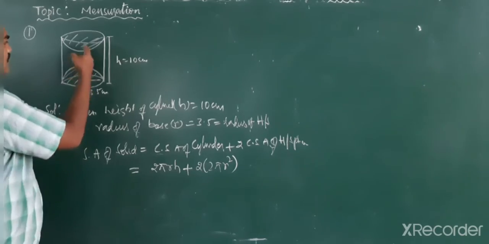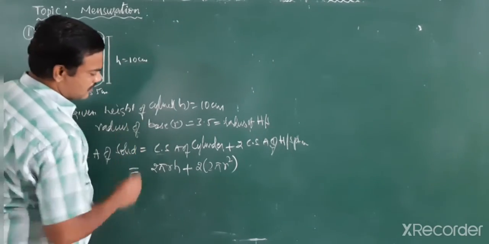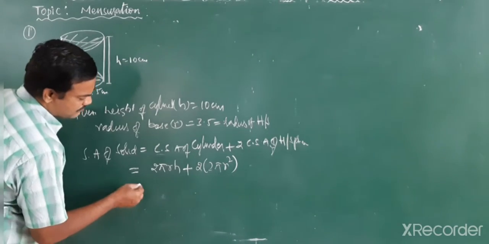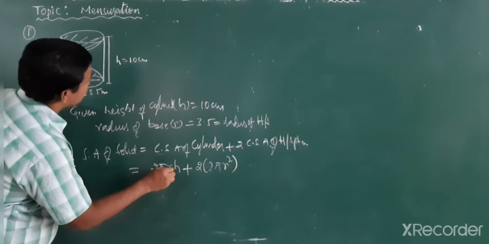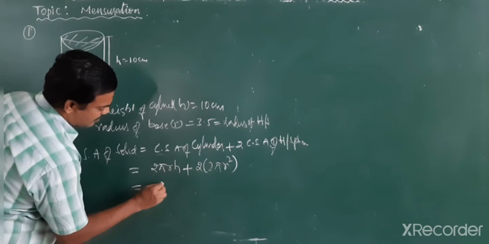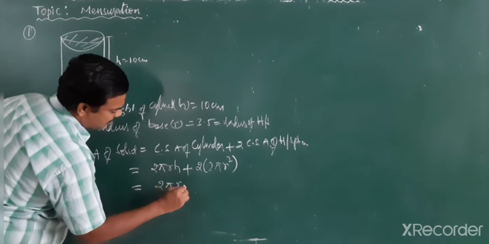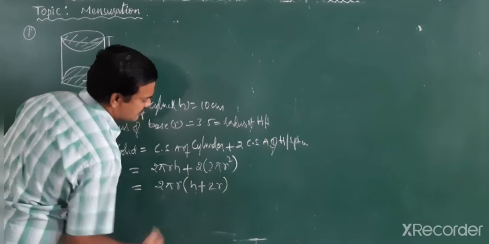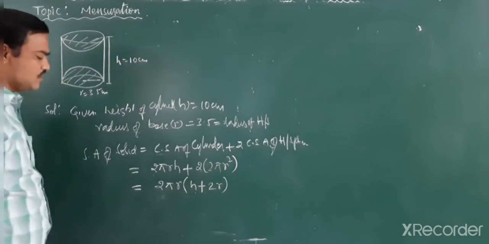The radius is the same for both the cylinder and the hemispheres, so taking 2 pi r common, we get 2 pi r times (h plus 2r).